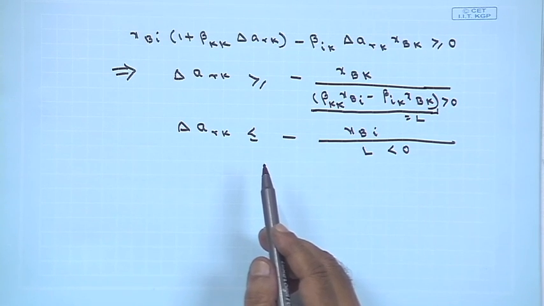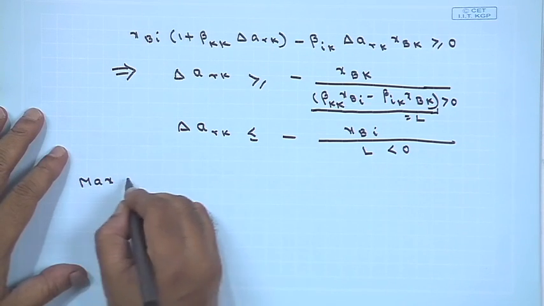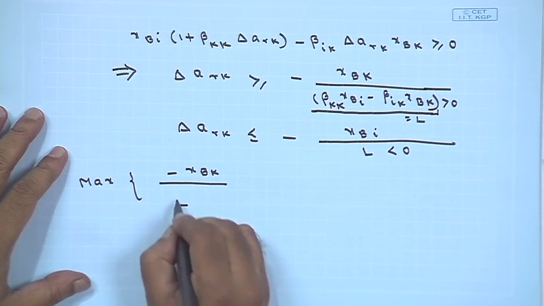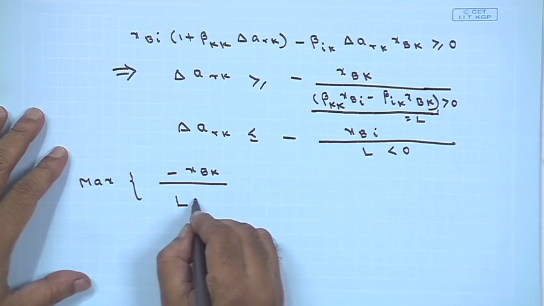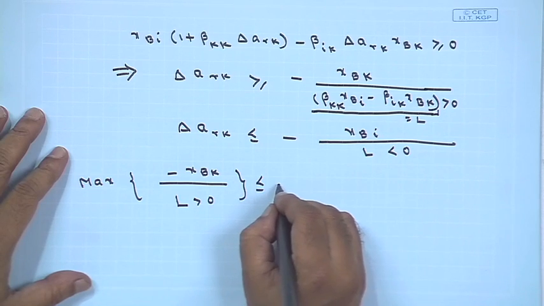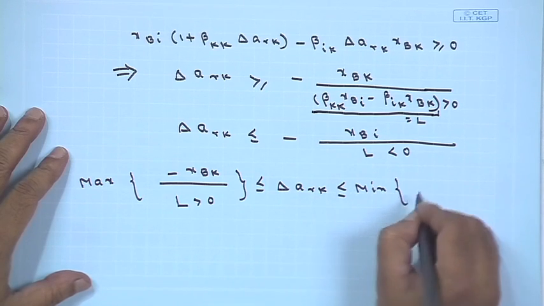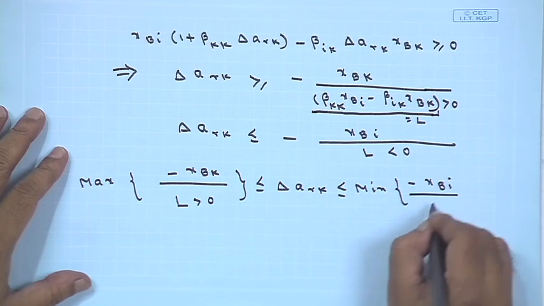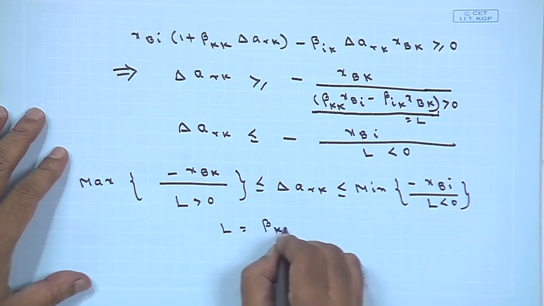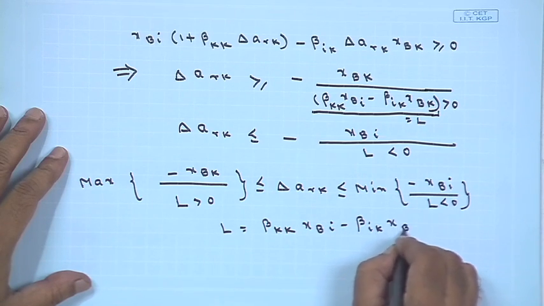So, from here, for feasibility, I may say that I can write the maximum of minus x b k by this L, where L is greater than 0, is less than or equal to delta a r k, which is less than or equal to the minimum of minus x b I by L, where L is less than 0, and where your L is nothing but beta k k x b I minus beta I k into x b k.